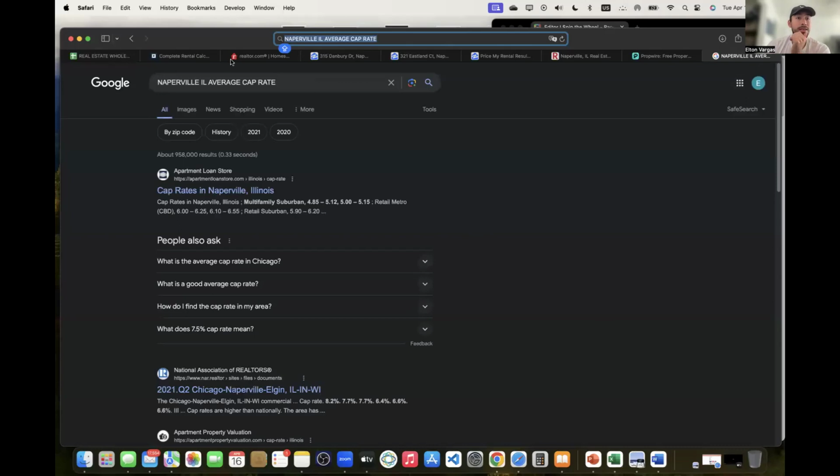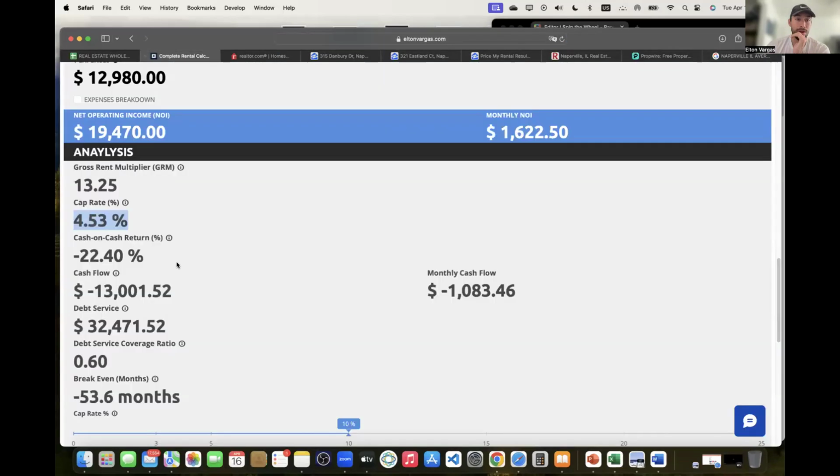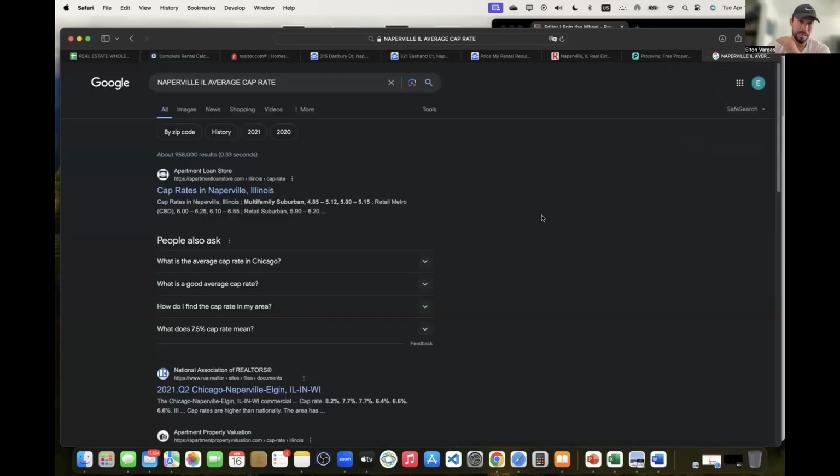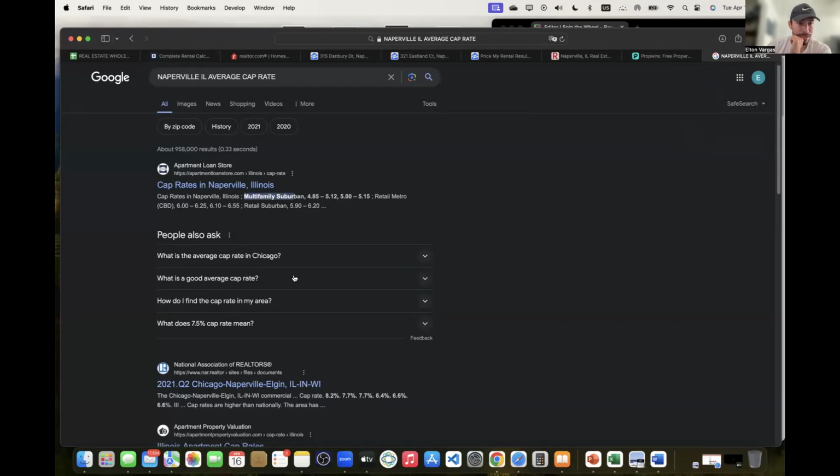And so I want to understand, based on the numbers that I have so far, which is a 4.53% cap rate on this property, and even at that number it's not bringing me any money whatsoever, then I would need to figure out, is that very normal for Naperville, or is it too low for what the sellers are really asking for this property? And it looks like I have some rates over here, but this is multifamily. I want to look for single family homes.